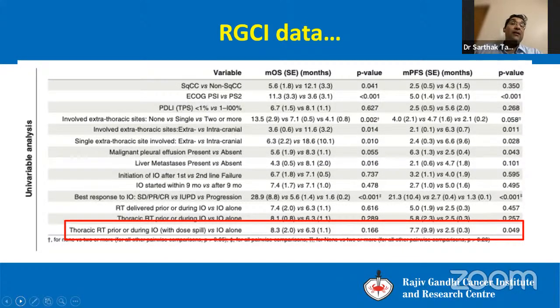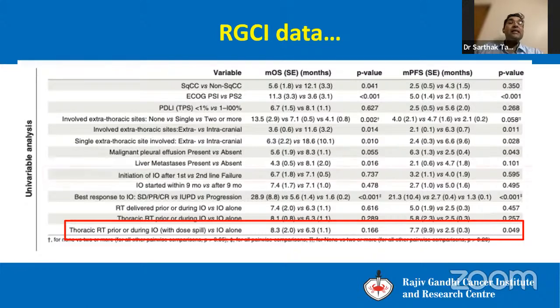So this is something we need to look at. The median PFS was starkly different, probably 7.7 months versus 2.5 months. Given this is retrospective data, it is very interesting and underlines the importance of immunotherapy and SABR combination effects.